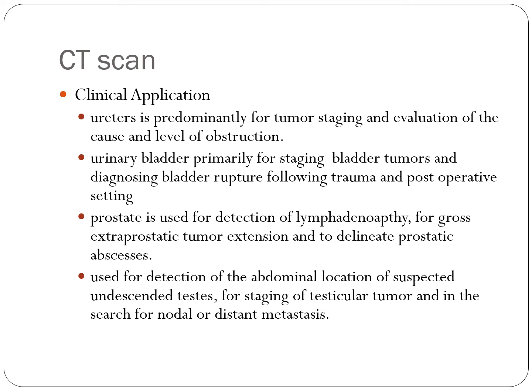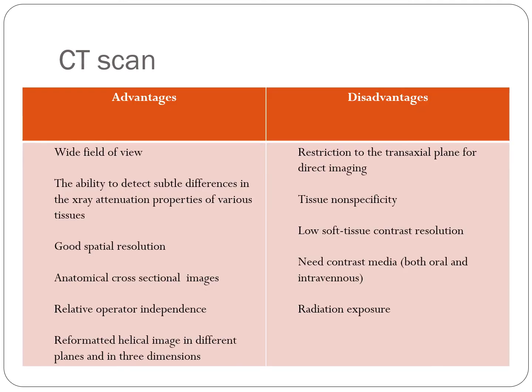Prostate: used for detection of lymphadenopathy, for gross extraprostatic tumor extension, and to delineate prostatic abscesses. Testis: used for detection of the abdominal location of a suspected undescended testis or staging of testicular tumor in the search for nodal and distant metastasis.